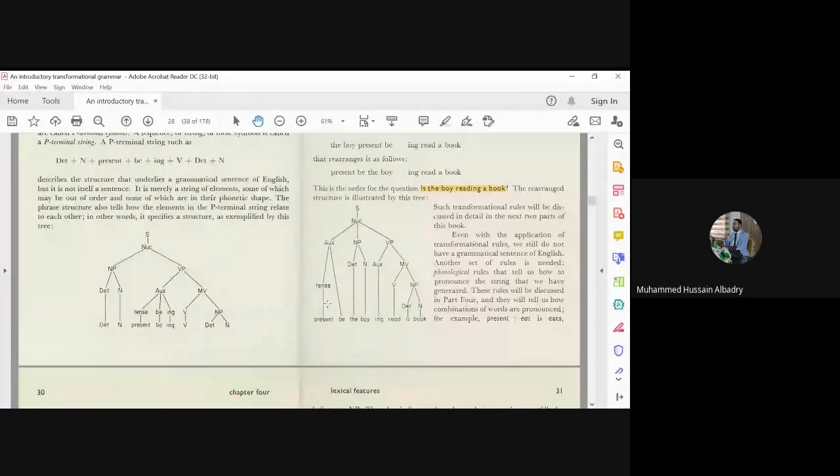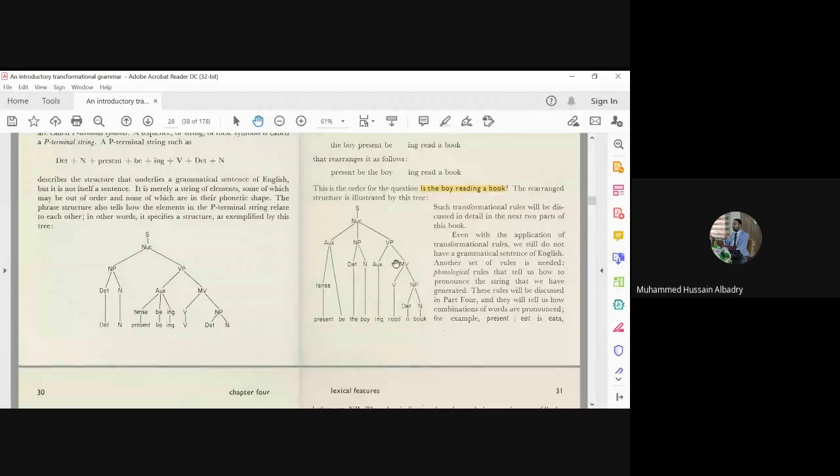We take tense, and if we have auxiliary be, we take be. According to the sentence, we have is, so it's be. See? Noun phrase, determiner and noun, the, and noun, boy.